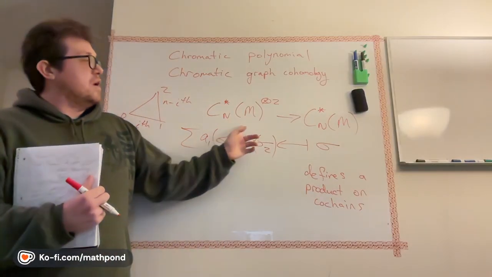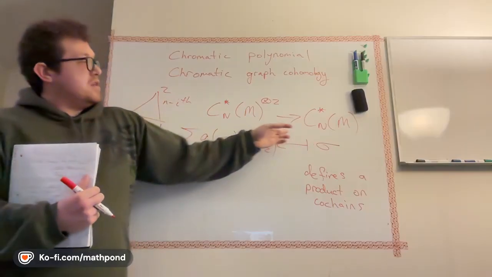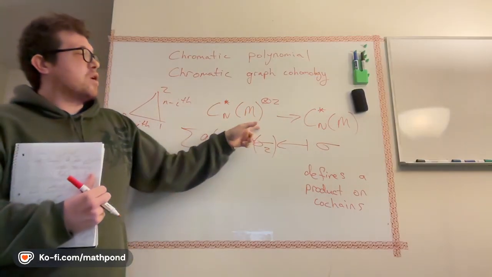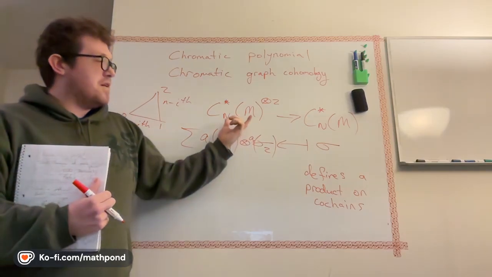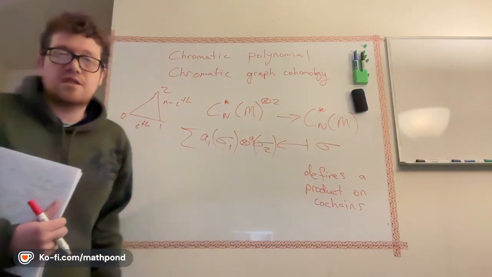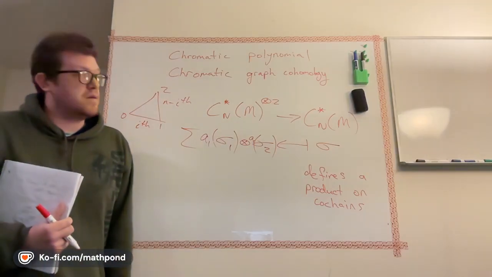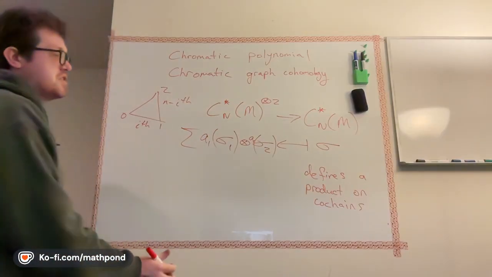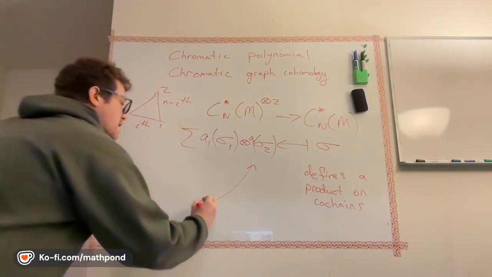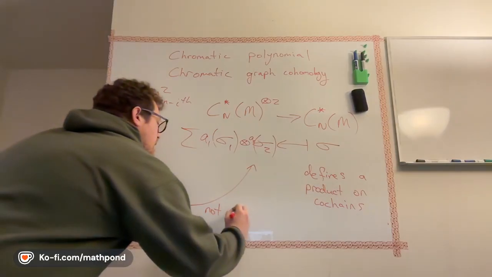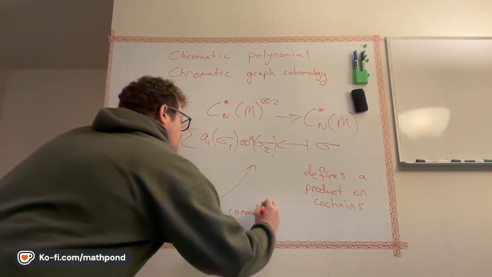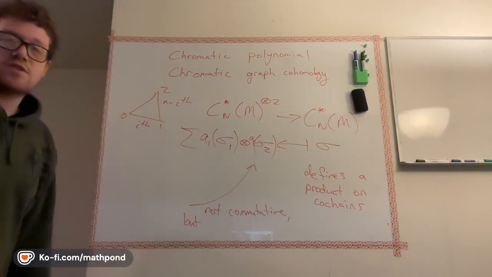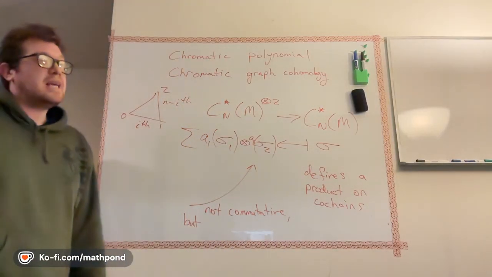In fact, this product you can project onto the cohomology, and in cohomology it is commutative. So it starts out not commutative, but then you project to the cohomology, and then it becomes commutative. So it's almost commutative, and we call this structure... So this is not commutative, but it does have a structure which we call an E infinity structure.